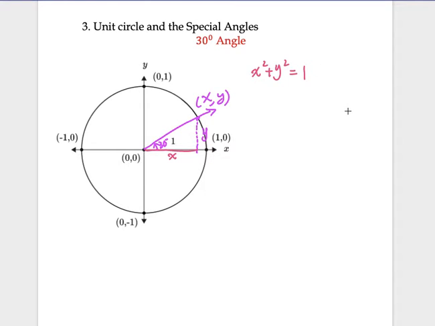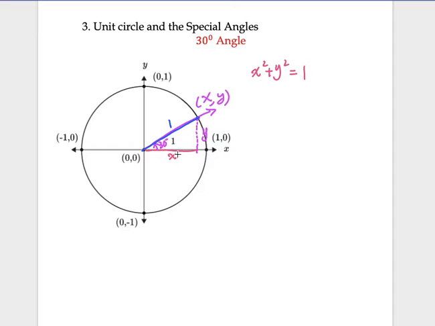Also, do not forget this distance is 1, right? So in this right triangle, x squared plus y squared equals 1, which is exactly why we mentioned this equation.